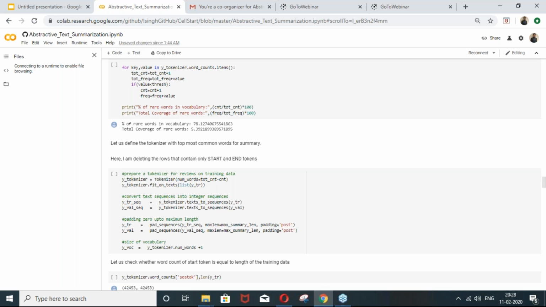If the summary contains only those tokens, there is nothing else besides them, so we can delete it. That's why we add the tokens at the start and end of each summary, so that we can know which ones are empty after the rare word removal. I hope I cleared up why we are adding the tokens here.